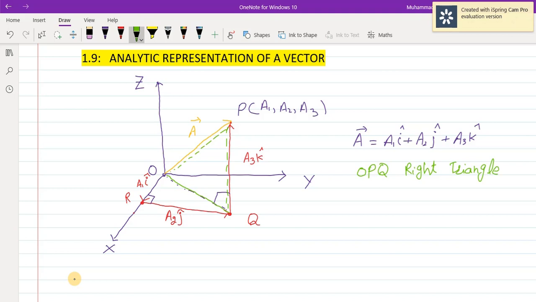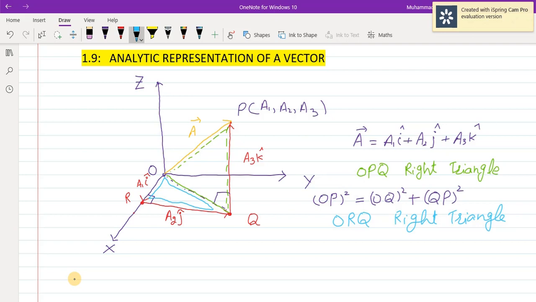In right triangle OPQ, which is shown in green color, by applying Pythagoras theorem, we have OP square is equal to OQ square plus QP square.